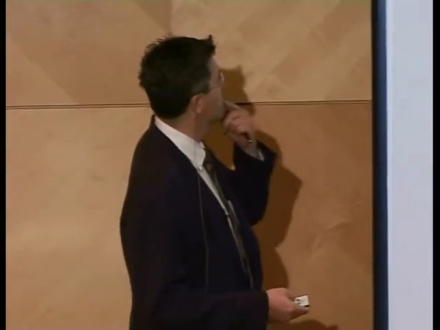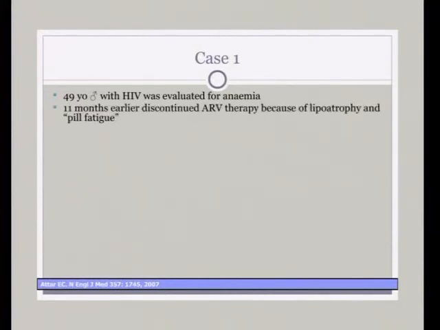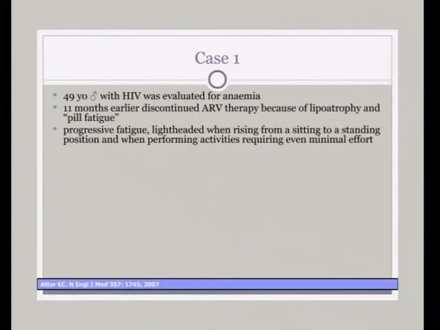Okay, this is a 49-year-old male patient, HIV positive, who is evaluated for anemia. 11 months earlier, he discontinued his ARV because of lipoatrophy and pill fatigue. He has progressive fatigue.